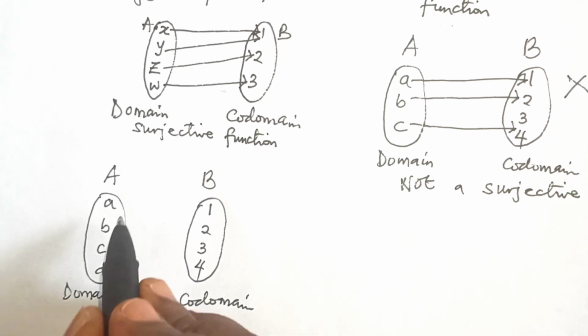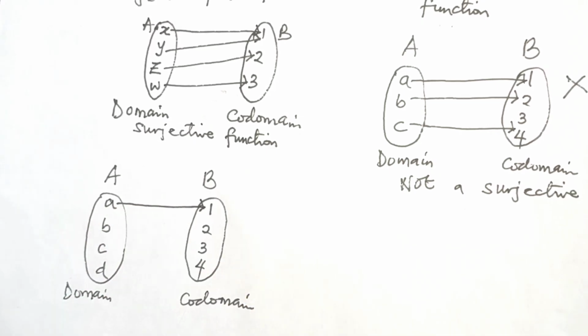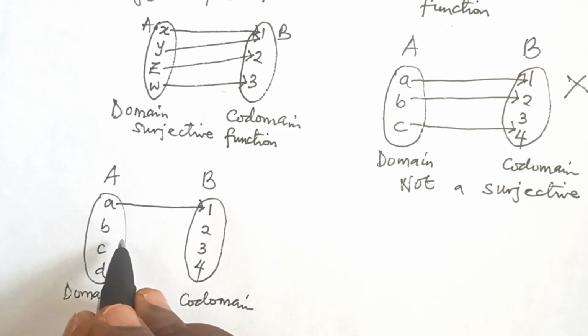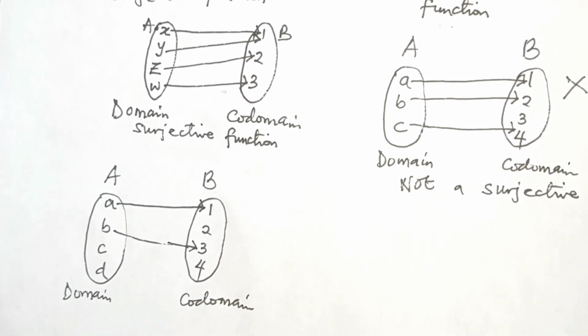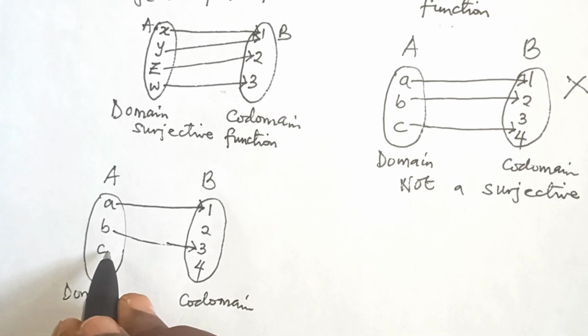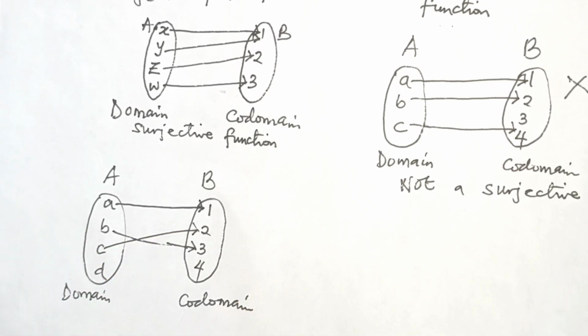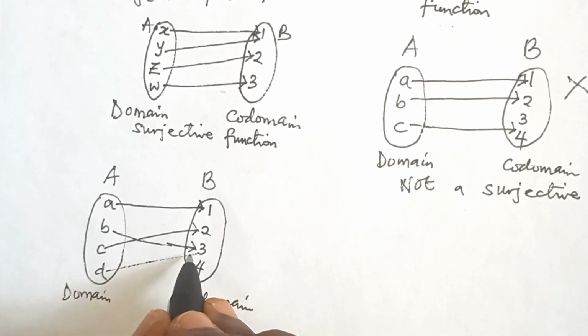Then A is mapped to 1, B is mapped to 3, C is mapped to 2 and D is mapped to 3.